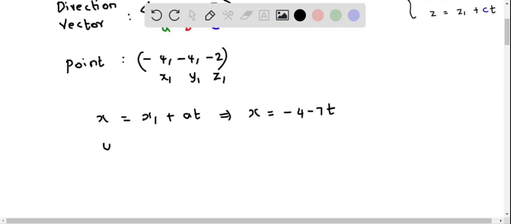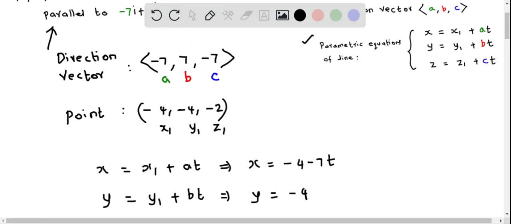Now let's write down y. We have y = y1 + bt, and this implies y = -4 and b is positive 7, so it becomes plus 7t.